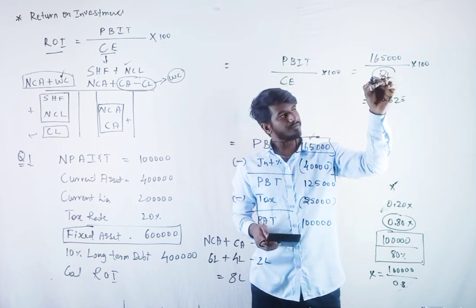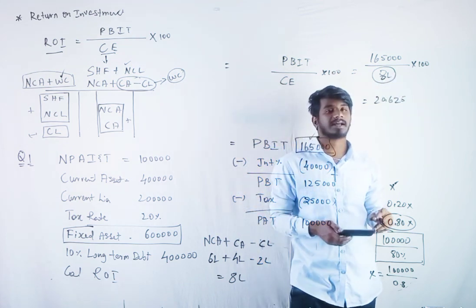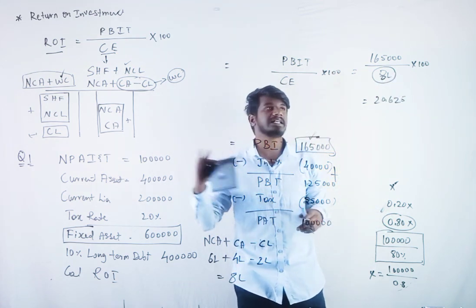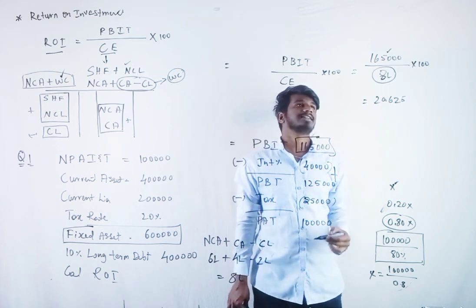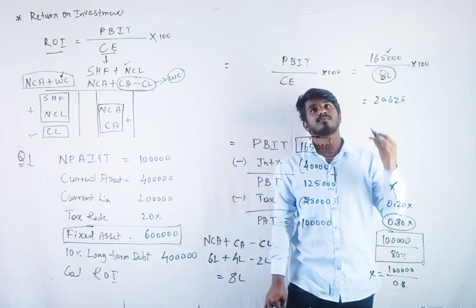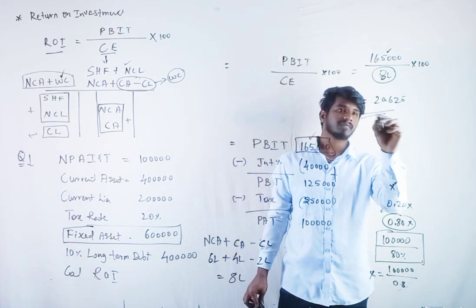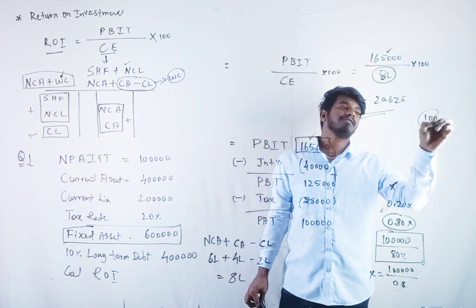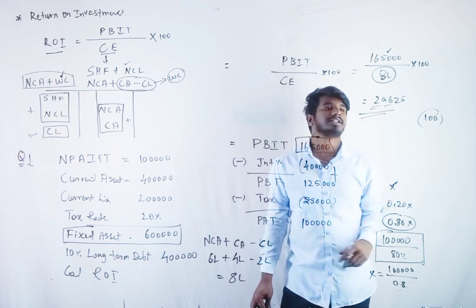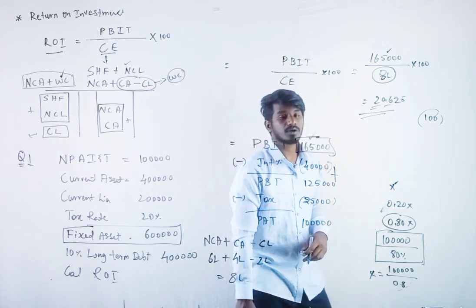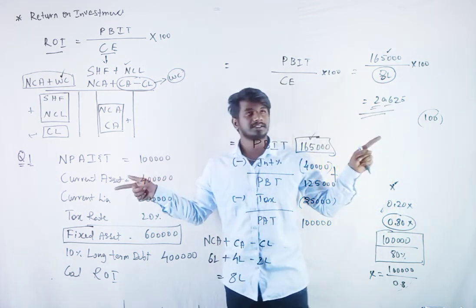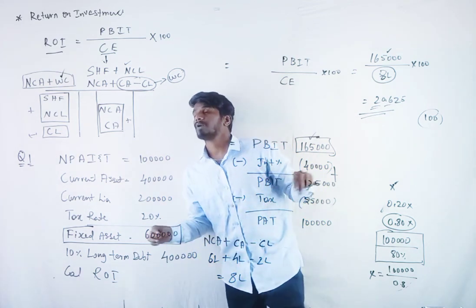So if we invest rupees 8 lakh, we get 1,65,000 as profit before interest and tax. If we invest 100 rupees, we get 20.625 rupees as profit. Is that correct? Yes, you can take down the question.